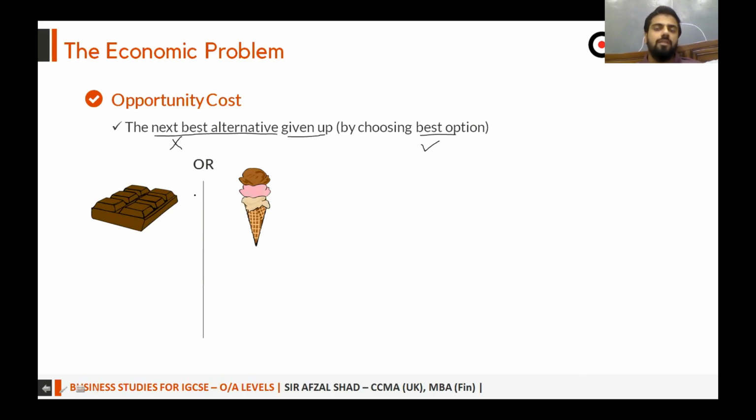Whatever the reason is, if you choose an ice cream and you are sacrificing the chocolate, the thing you have chosen is already chosen, but the thing you have sacrificed will be called the opportunity cost. So the chocolate, in this scenario, is the opportunity cost. Got it?